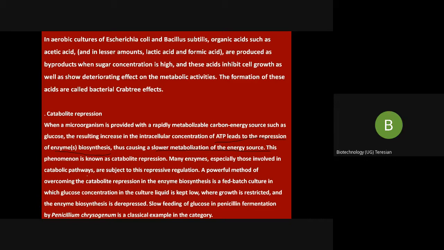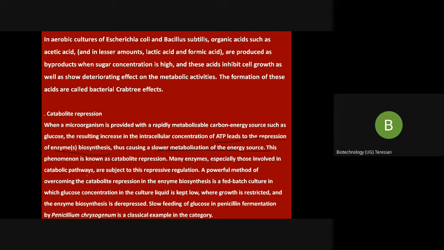Many enzymes, especially those involved in catabolic pathways, are subject to this repressive regulation. A powerful method of overcoming catabolite repression in enzyme biosynthesis is again the fed batch culture, in which the glucose concentration in the culture liquid is kept low. So what happens? If you go to your glycolysis, the glucose is broken down into 2 molecules of 3-carbon pyruvic acid.